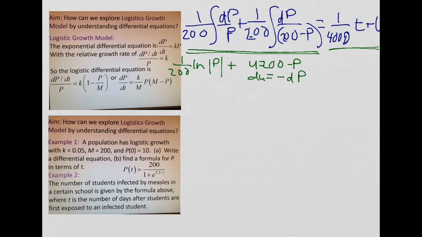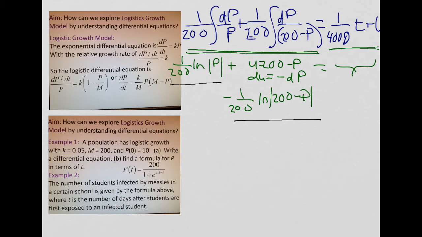All right? So when we're integrating, here we get a negative 1 over 200 ln absolute value of 200 minus p. This stays the same, you can just bring that down. And since 1 over 200 is visible in both parts of our equation, on the left side of our equation, we can actually factor that.